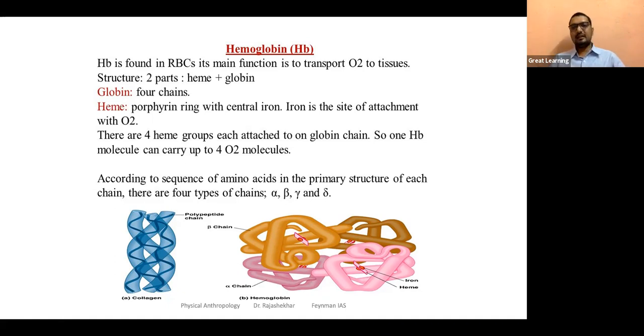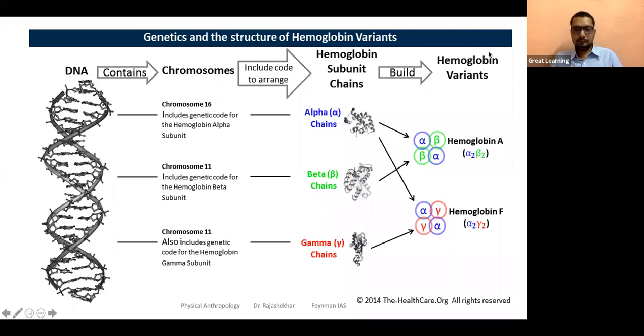Okay, what is the genetic basis for hemoglobin? Let's next discuss that. So hemoglobin is definitely a complex one. As I was telling you, alphas and betas are put together. So 2 alpha, 2 beta we normally have.